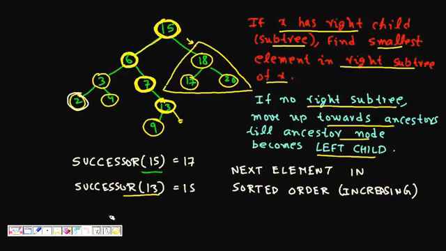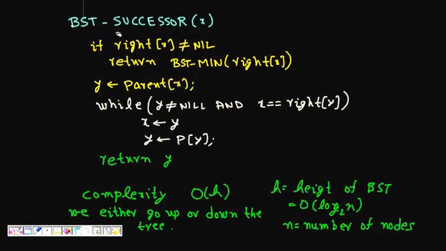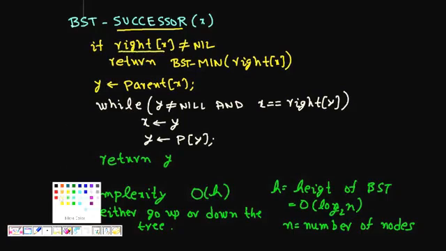Okay, so this is a recursive code in binary search tree. So let's try to see BST successor of a given node X. So what we do, if the right child of X is not null, then what happens, we have a right subtree.